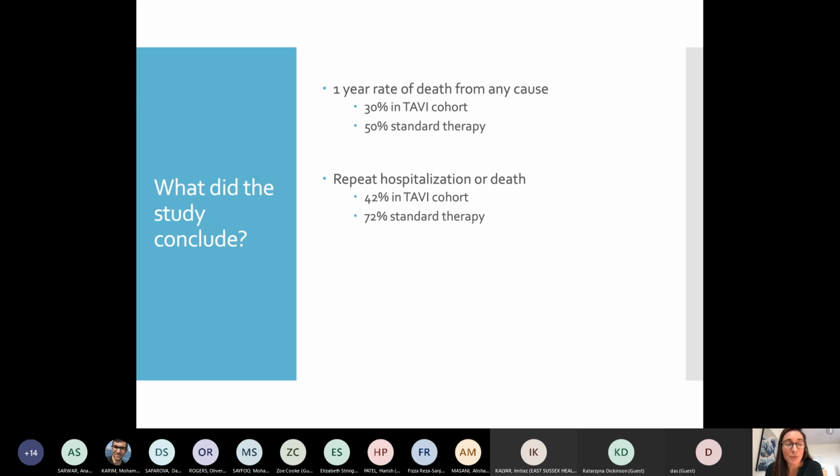So perhaps when I get to my frailer days, it will matter to me more to not be coming into hospital all the time rather than to be living longer. I mean, I don't know, and a lot of people have very good quality of life in their frailer days, but it's important. And symptoms. So the TAVI cohort were much less likely to still have significant breathlessness, for example.